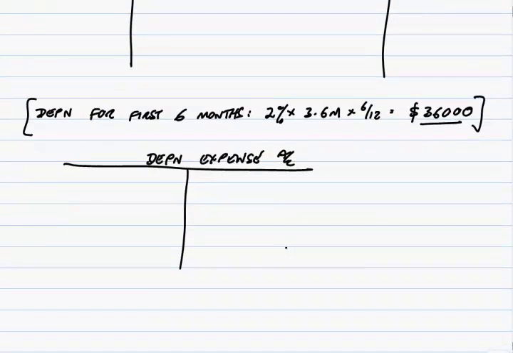Credit the accumulated, debit the expense. No problem.